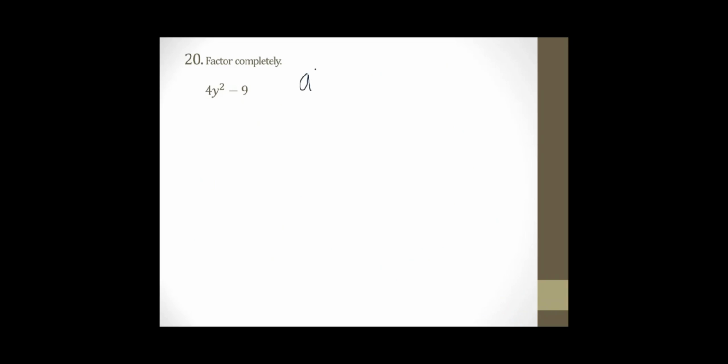We're going to use a squared minus b squared equals a plus b times a minus b. So if we take the square root of each term, that will give us the base for each term in a squared minus b squared form. The square root of 4y squared is 2y. So that's my a, because 2y squared is 4y squared.